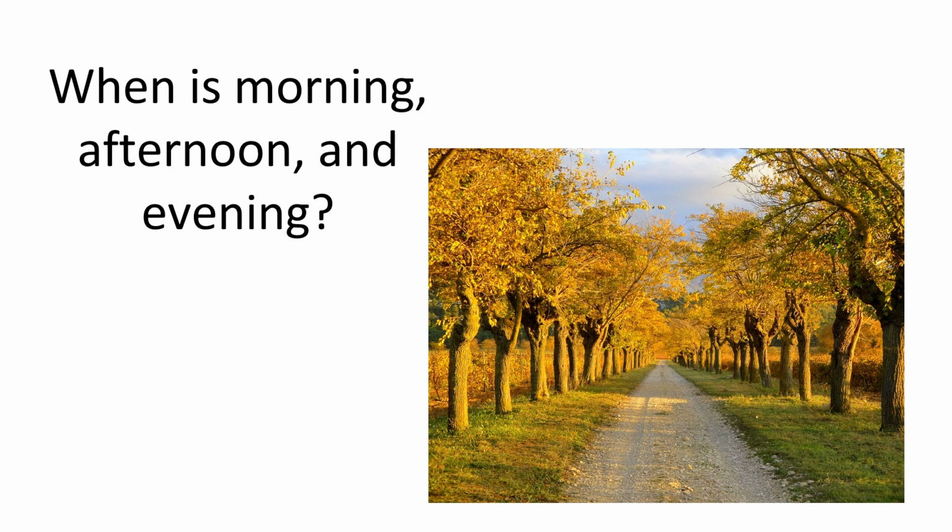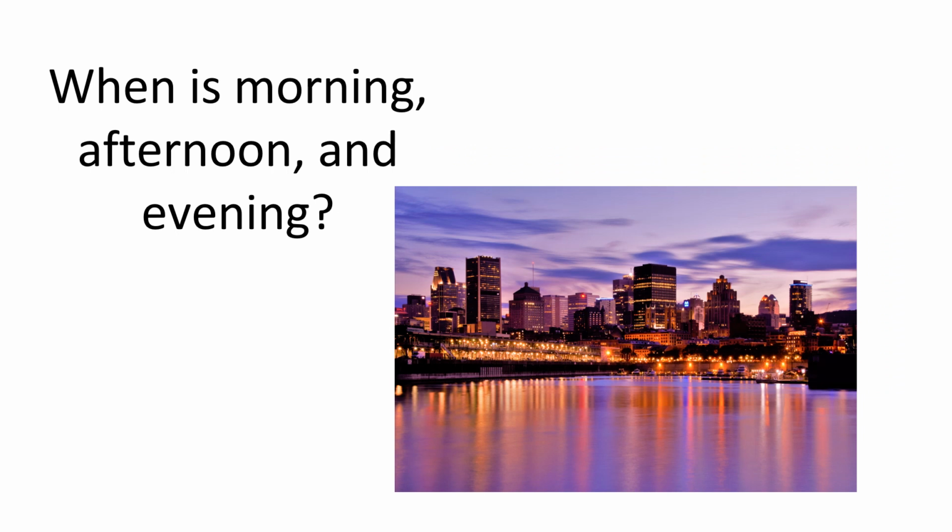Afternoon is from 1 p.m. to rush hour, or the time that people usually go home from a day job, 5 or 6 p.m. Evening is from about 6 p.m. to 10 p.m. After that, it's called nighttime or night.